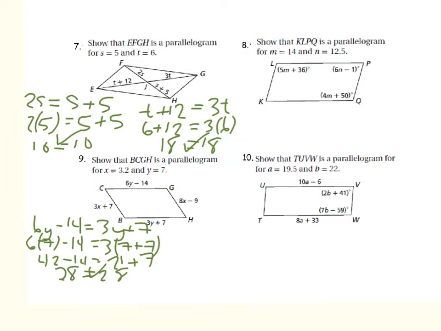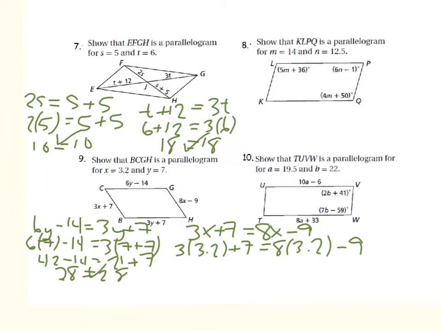And now I need to compare the other sides. So 3x plus 7 should equal 8x minus 9. And this time we're using 3.2. So 3 times 3.2 plus 7 should equal 8 times 3.2 minus 9.